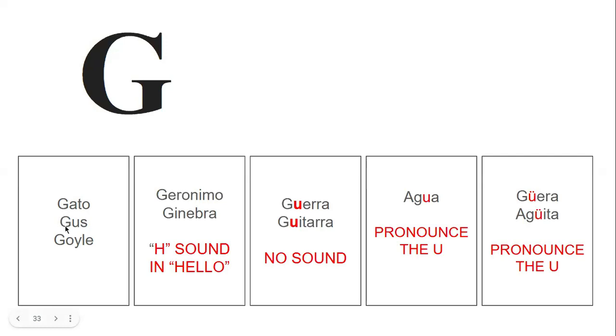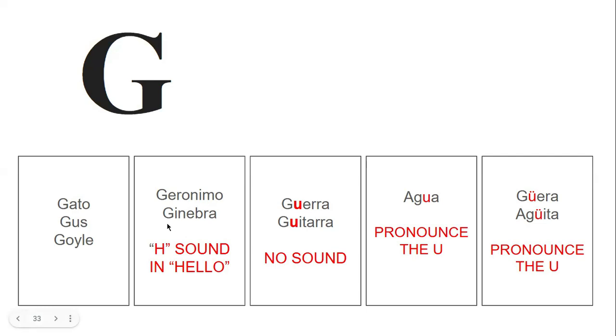Ga, gu, go. Okay, when you find the letter G with the vowels e and i, you have to pronounce it like an H, some kind of an H, the H in hello, but harder.